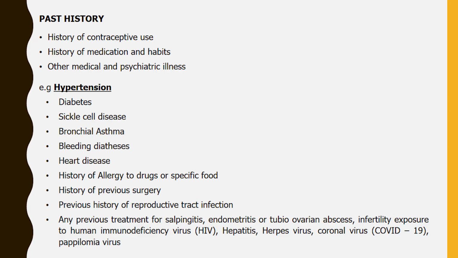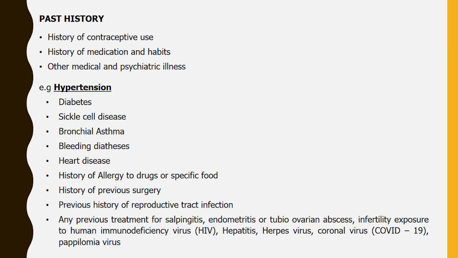Then after taking this history of the presenting symptoms, you now look at the past medical history of this woman. History of previous contraceptive usage is very important. History of medication, as we have said, in the systemic history.